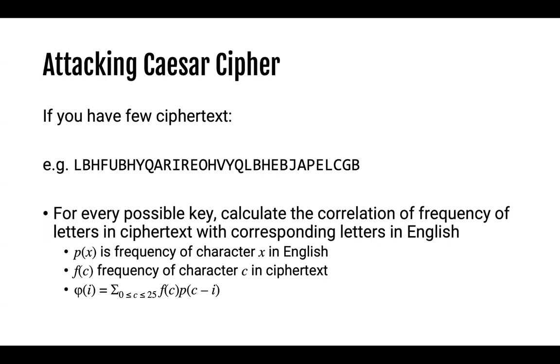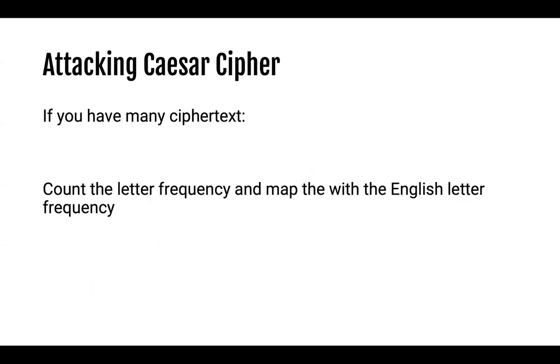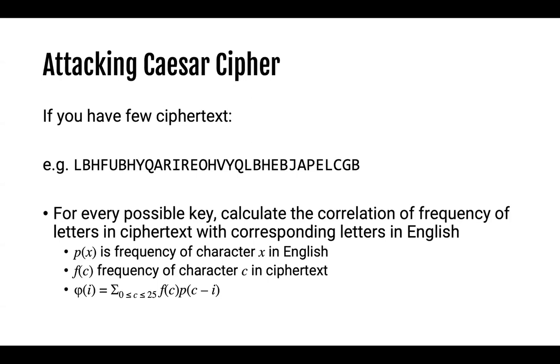Instead, we calculate the frequency of each letter in the ciphertext. We also use the frequency that comes from the original chart, which we already have. Those frequencies represent P of X, the frequency of character X in English.